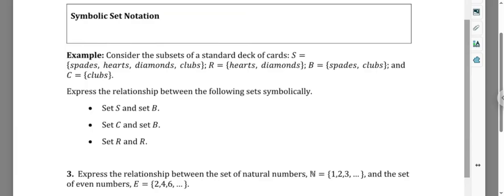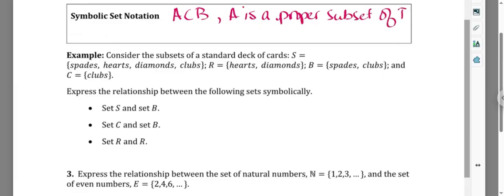Symbolic set notation. So instead of just identifying a proper set, we're going to use notation. So A, for example, is a proper subset of B. That's what that says. It's kind of a sideways long C. Kind of a weird symbol.